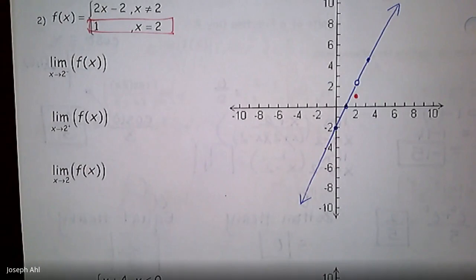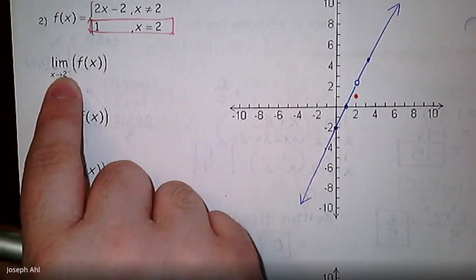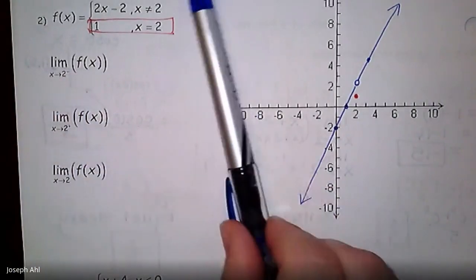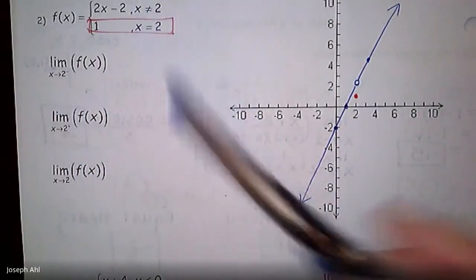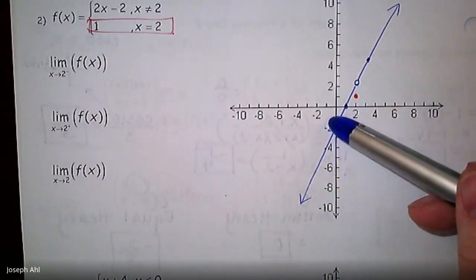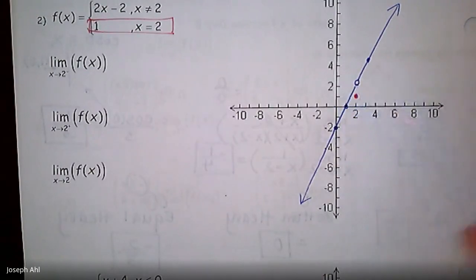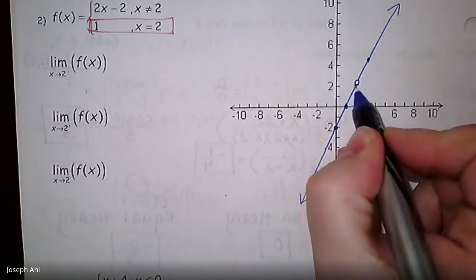All right, let's talk about what's the limit as x approaches 2 from the left first. Okay, so as I start on the left-hand side of the page, as x gets closer and closer to 2, the y values are getting closer and closer, not to the red dot, but to 2.